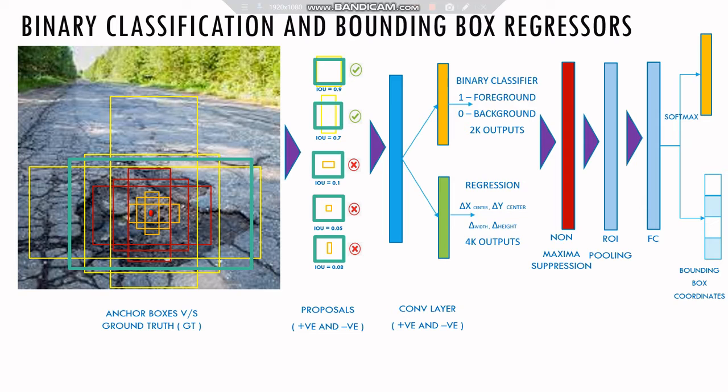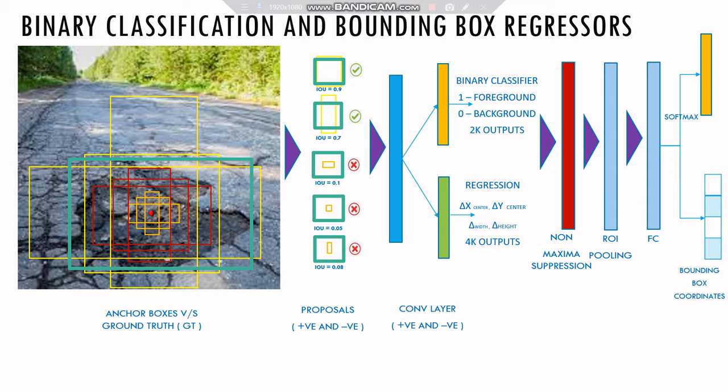So you have a set of positive and negative examples, which were then propagated into the next layer, which is a convolution layer. This convolution layer had two outputs: one was a binary classifier, as seen here, and a regressor. I'll come to the regressor in a minute, but let's see what this binary classifier is. Here, the classification is not done as to what kind of object is there. Here the classification is done on whether it is an object or not.